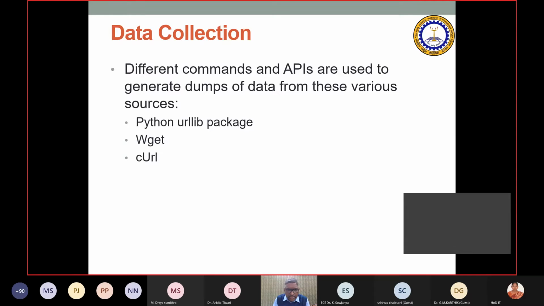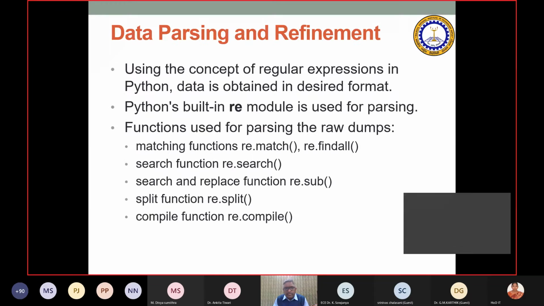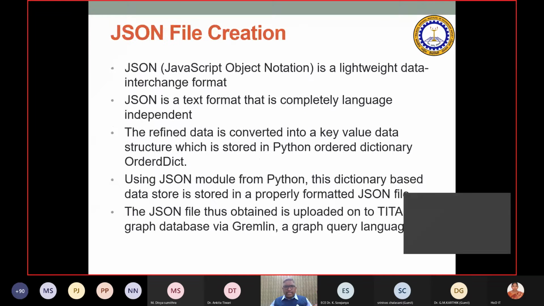From these, different commands can be used on Python, and use a regular expression to put the data in the desired format. Maybe the re module in Python is used, and you get a lot of these: match, findall, search, substitute, split, compile functions, and all these are used.